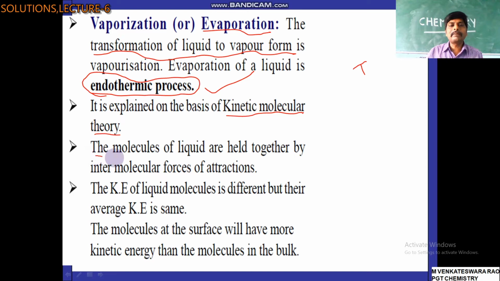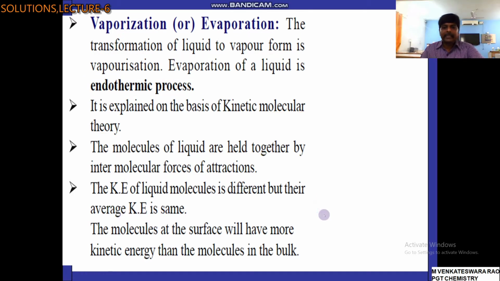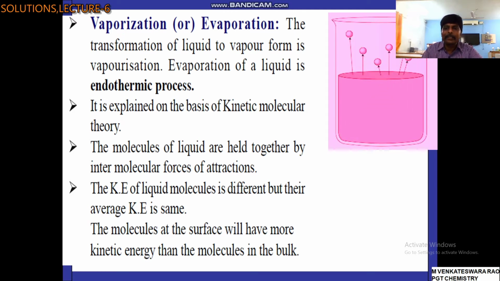The molecules of liquid are held together by the intermolecular forces of attraction. The kinetic energy of liquid molecules is different, but their average kinetic energy is constant. Molecules at the surface will have more kinetic energy than molecules in the bulk.